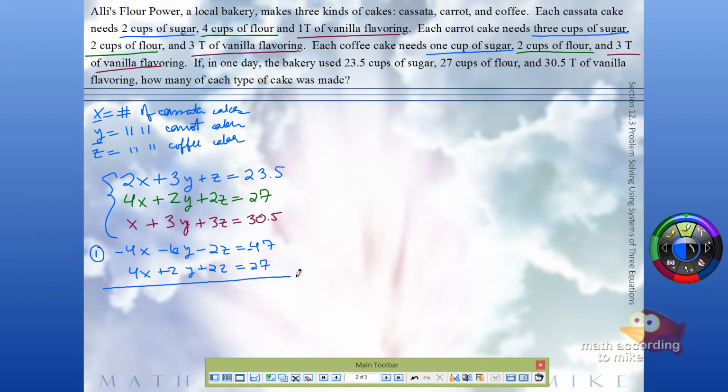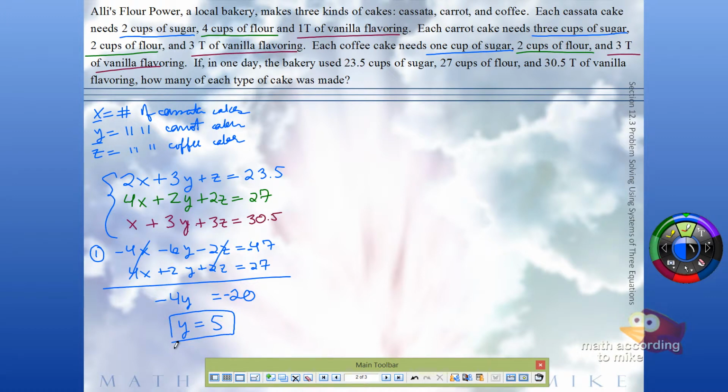Notice upon doing so, by eliminating x, z also eliminates, and we get -4y equals -20, which means y equals 5.